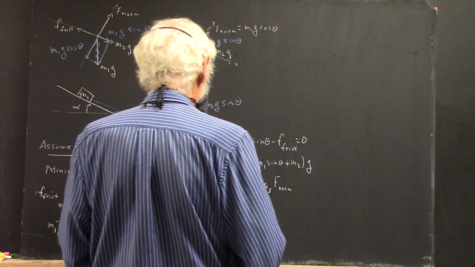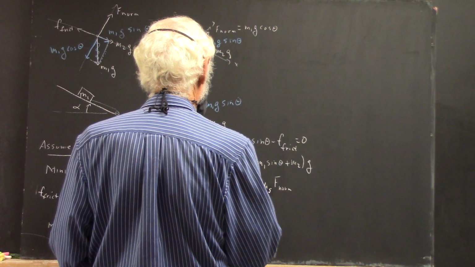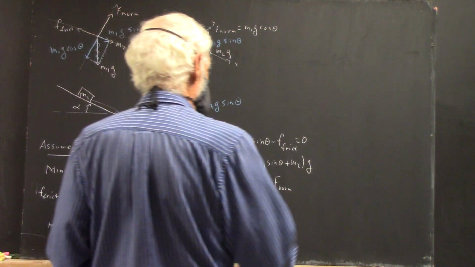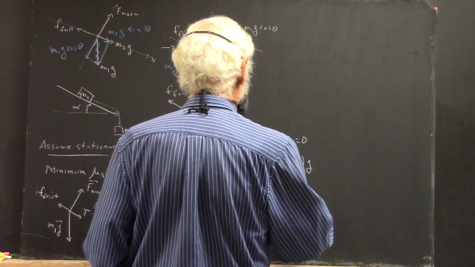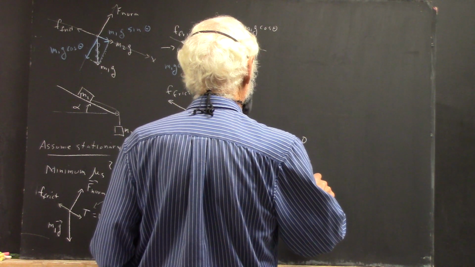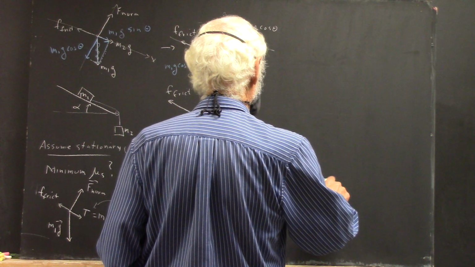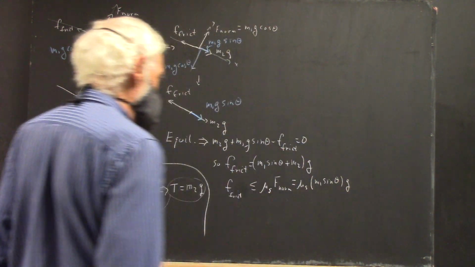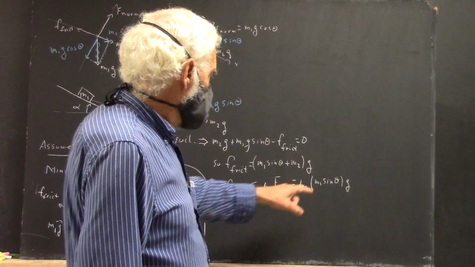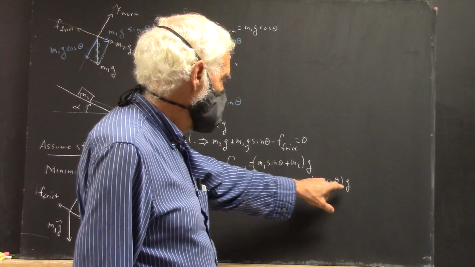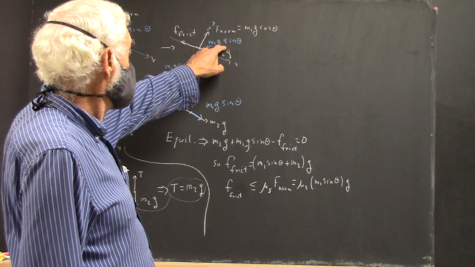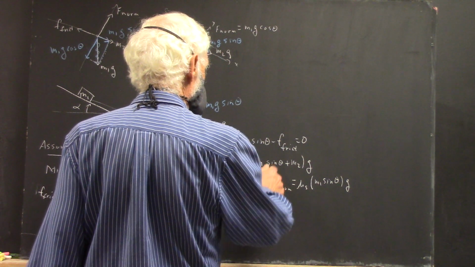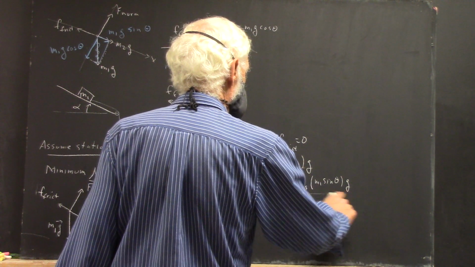So the force of friction has to be less than or equal to this, but of course the normal force is just M1 sine theta times g. So if we put these two together, this expression is less than or equal to this expression.